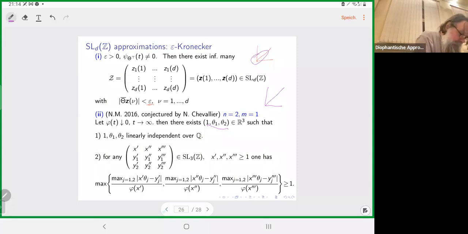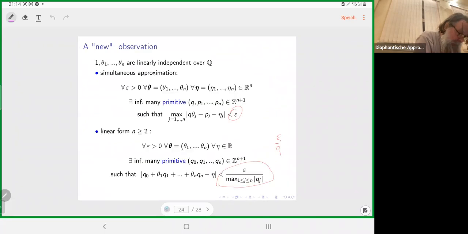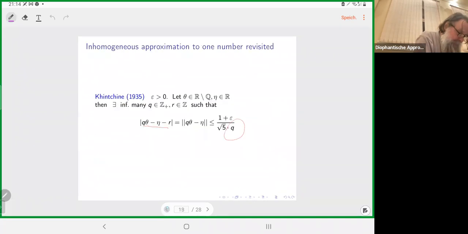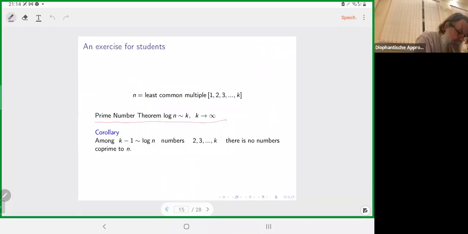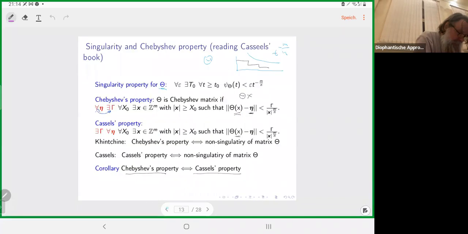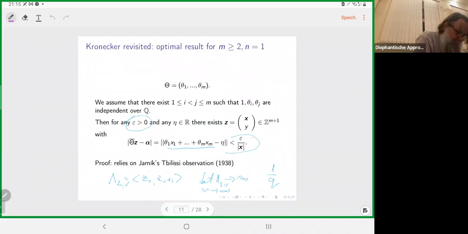But what I wanted to emphasize in my lecture now is that this very simple and easy result about epsilon here for one linear form has never been documented.